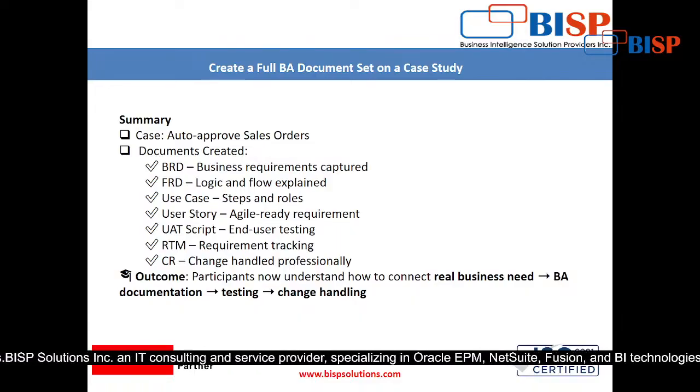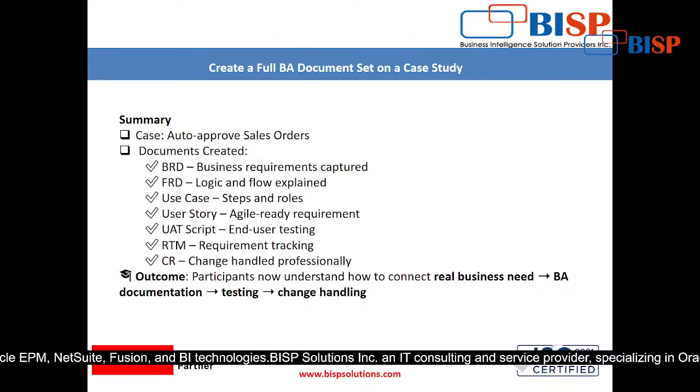Now here you will see BRD. Now see, you have to select the document based on the process. Now here BRD is required. Okay, business requirement captured, FRD logics and flow explained, use cases, steps and roles.